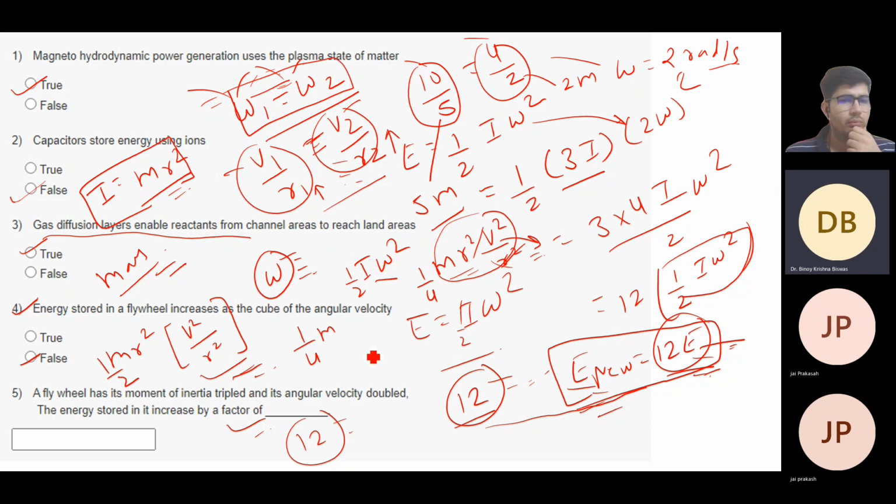So in that case, 1/4 m omega square r square, and omega is given here, and mass is also given. So mass and omega will be put directly there, the same mass and omega for different velocity, and we will compare with different radius. So in that case, we simply get the difference in energy. That is what I am thinking, sir.